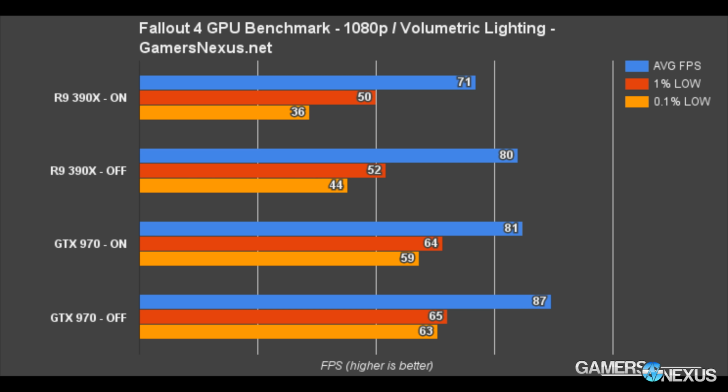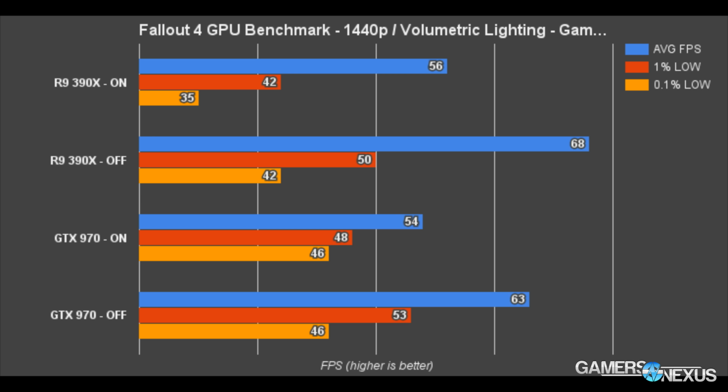It moves from 71 FPS to 80 FPS average, and increases its 0.1% bottom line considerably to 44 from 36 by disabling God rays. The average FPS gain calculated is about 12%, and the 970's average FPS gain is about 7%. It moves from 81 to 87 FPS. So the gap shrinks, but the 970 still retains its lead.